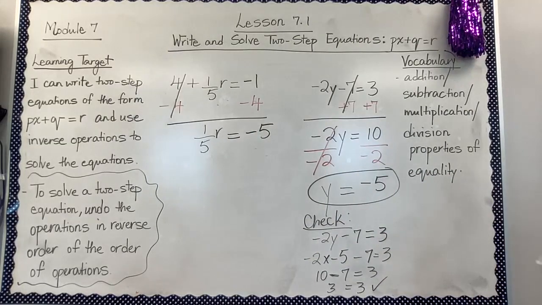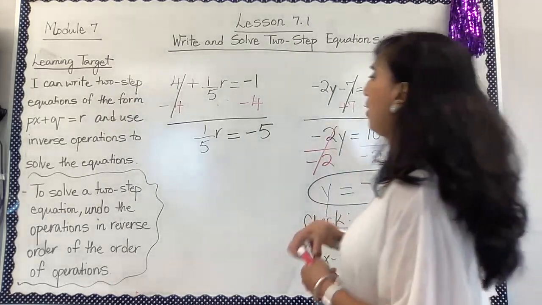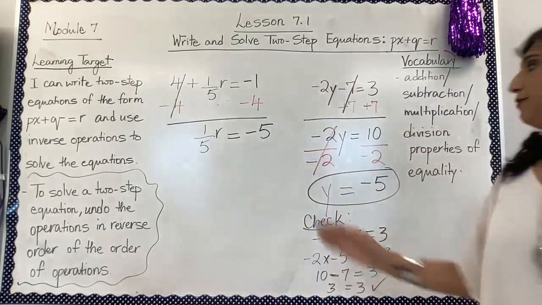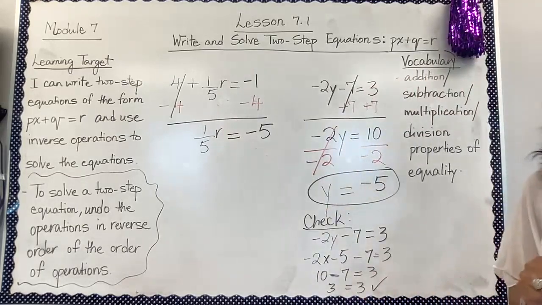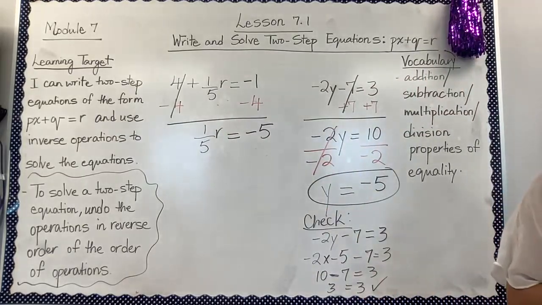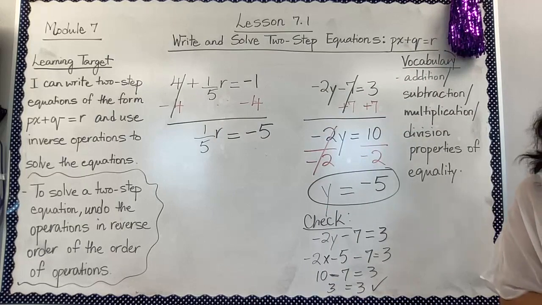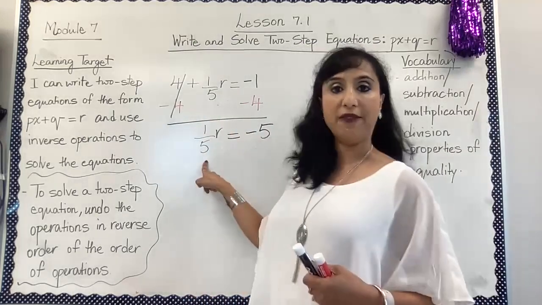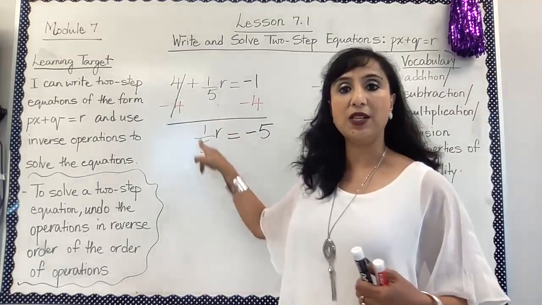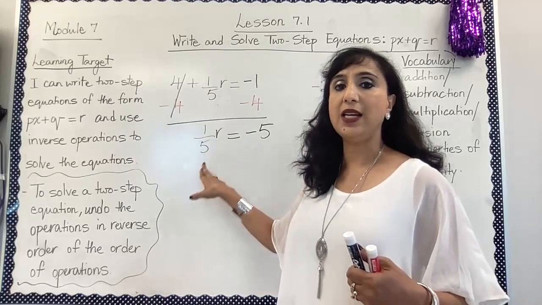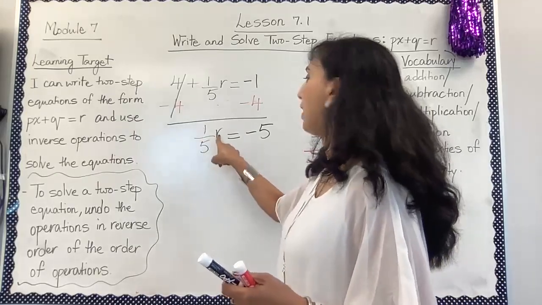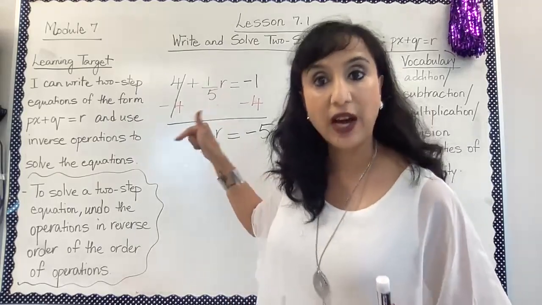And so now we look at this: this is 1/5 r, and the opposite of multiplication is division. So again, what are we going to do? We are going to use the multiplication property of equality in this case, only because this is 1 divided by 5. Yes, it is multiplying the coefficient with the variable, but if I do 1 times r, what do I get? r divided by 5.